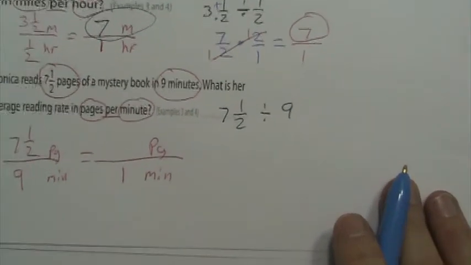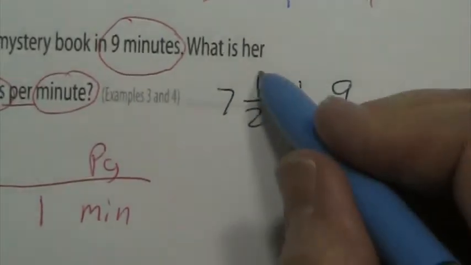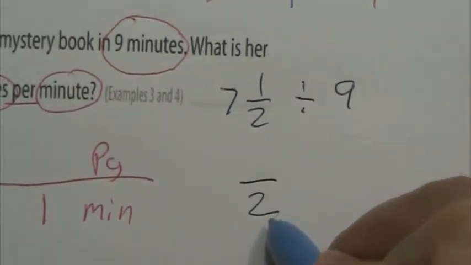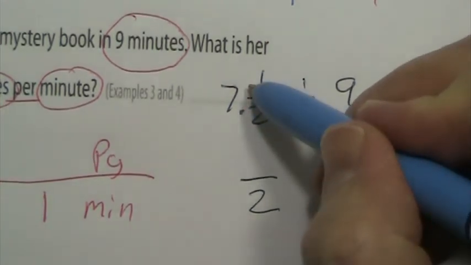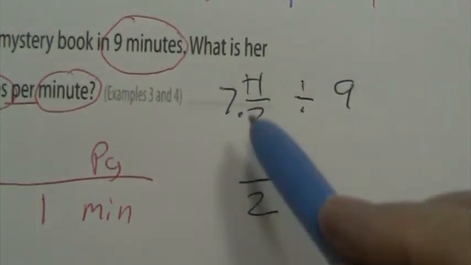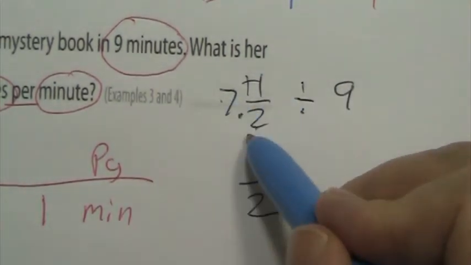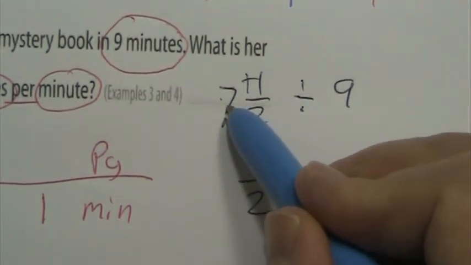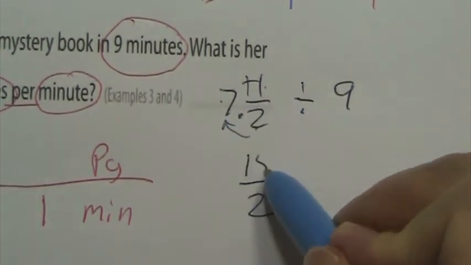So let's go ahead and do this. Remember, you keep this, but you have to make it a fraction. So you need to do the times and the plus. 2 times 7 is 14, plus 1 is 15.